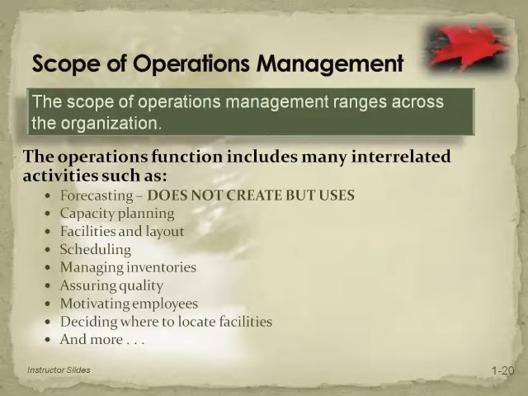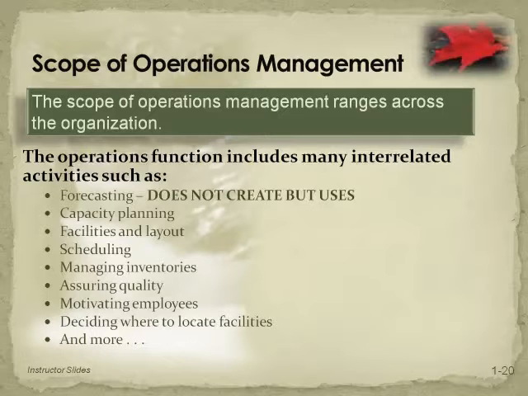Make sure you realize that. The forecast is going to tell operations management what we think the demand will be. Also, they are responsible for capacity planning. We'll talk more about that later. But capacity planning is basically determining how many employees, how much equipment, and how much space we need in order to produce the product that we need to produce.